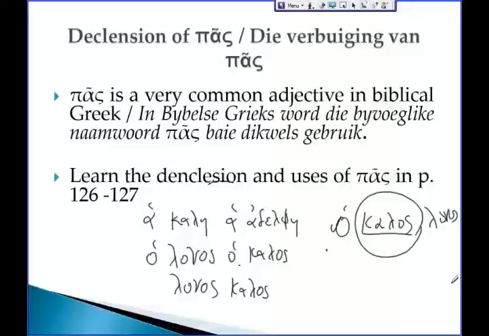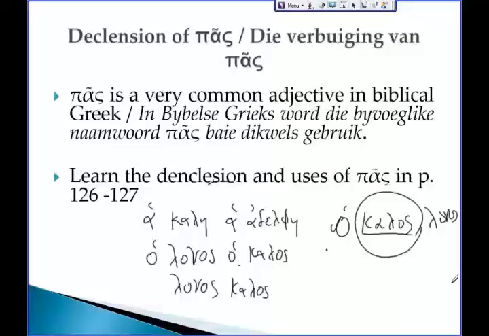Pas is often used as a substantive, both with and without the article. Eipon ho didaskalos autois ta panta en parabolais. The teacher told them all things, ta panta, all things in parables. Again, pantes ethaumasan epi tois semeiois, everyone marveled at the signs. Everyone, pantes.